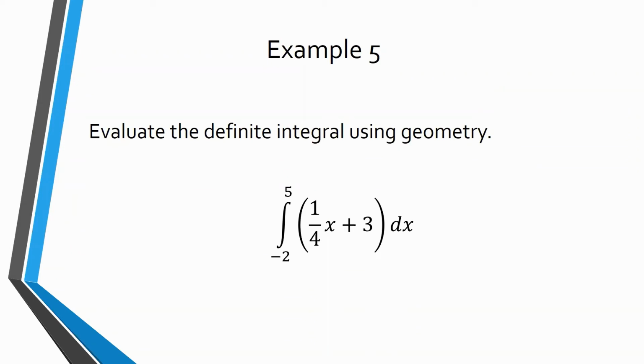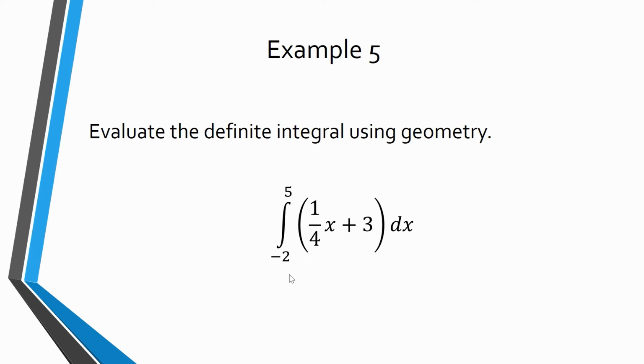In our previous examples, we've used triangles and the fact that the area of a triangle is 1/2 base times height to calculate these definite integrals, which is the same as calculating the signed area. Let's see how this example works out.